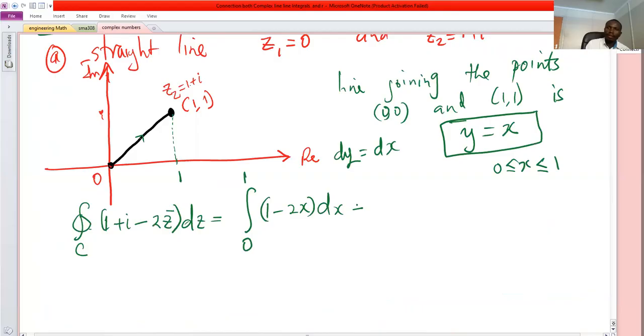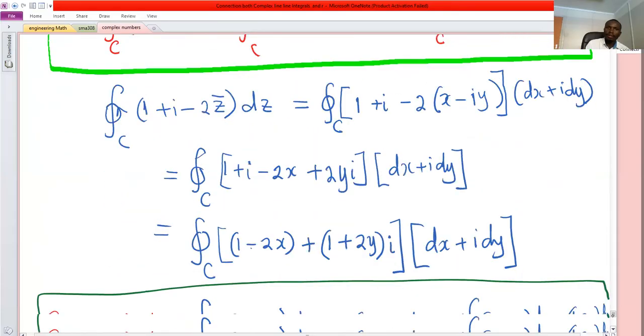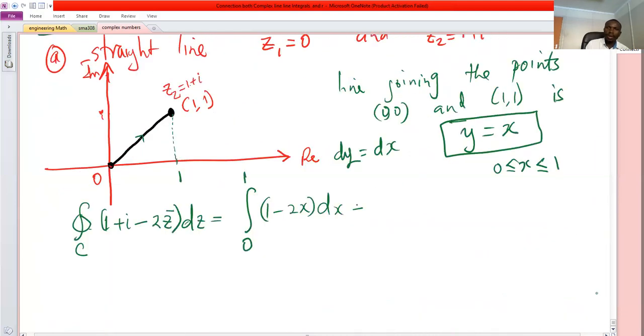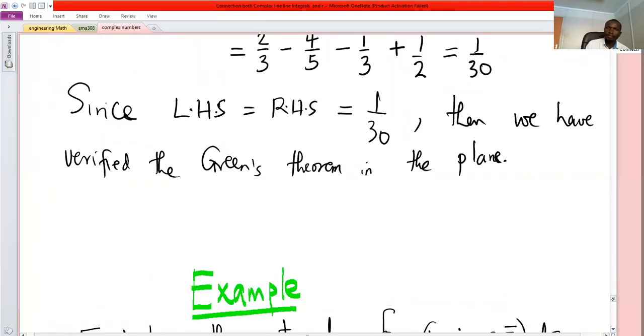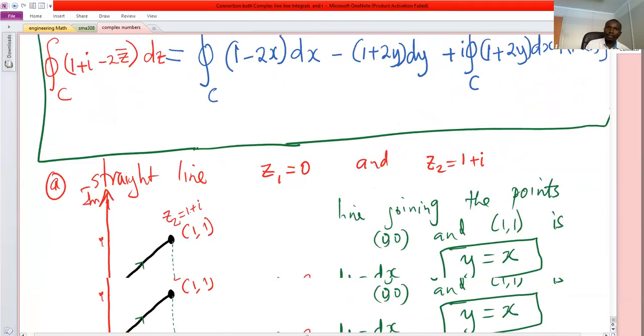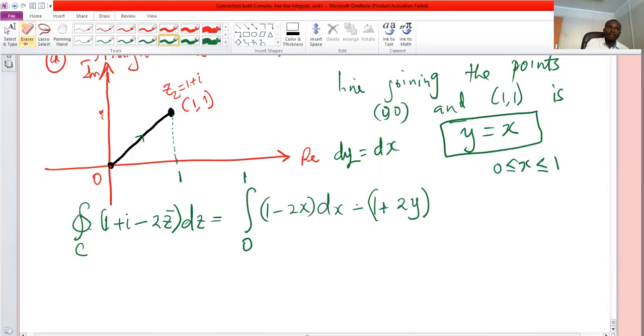and then minus 1 plus 2y, but y is the same as x.